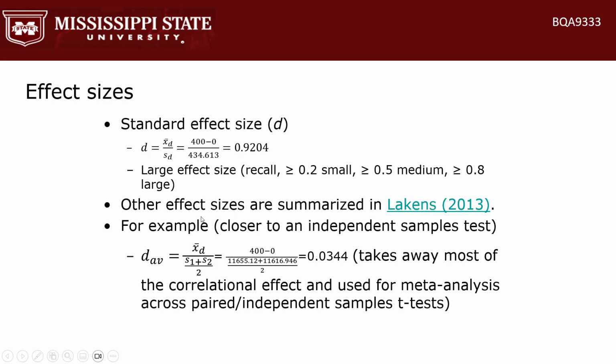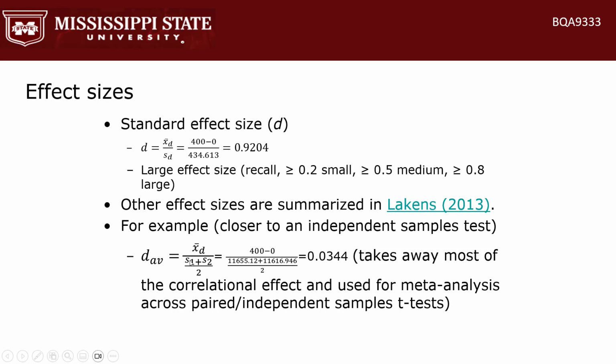And sometimes you want something closer to an independent samples test. The only reason you would do that is if you're doing some sort of meta-analysis, where you try to compare multiple studies by putting all the results on the same consistent measurement basis. If we've got a mixture of independent samples tests and paired samples tests, we may want an effect size equivalent to the independent samples test.